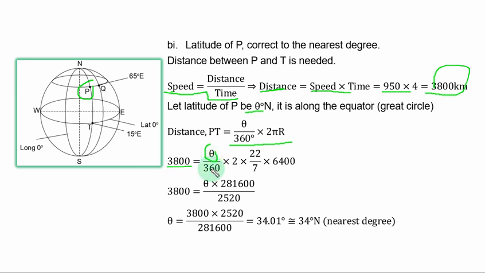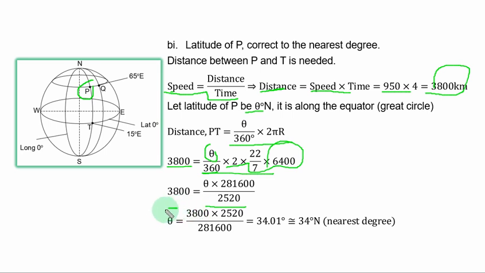That is the latitude of P over 360 times 2 times pi, 22 over 7, times the radius of the earth, 6,400 kilometers. If you simplify the right hand side, you have this result.